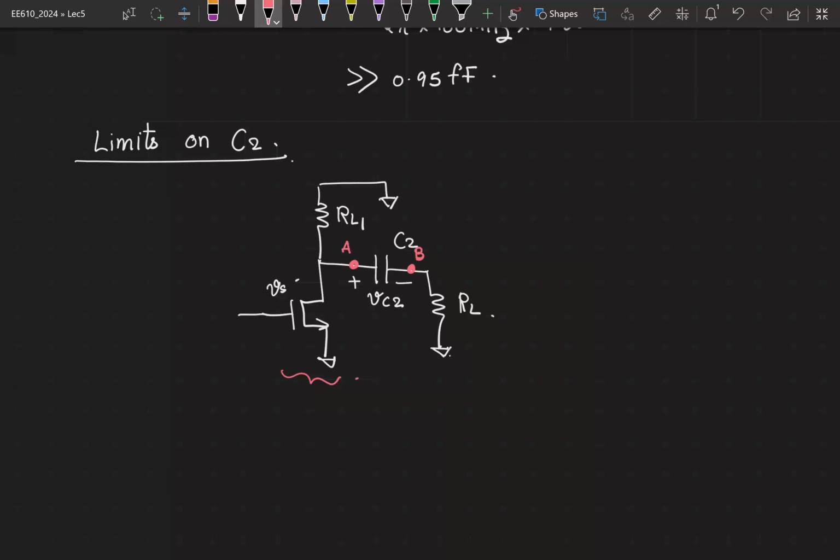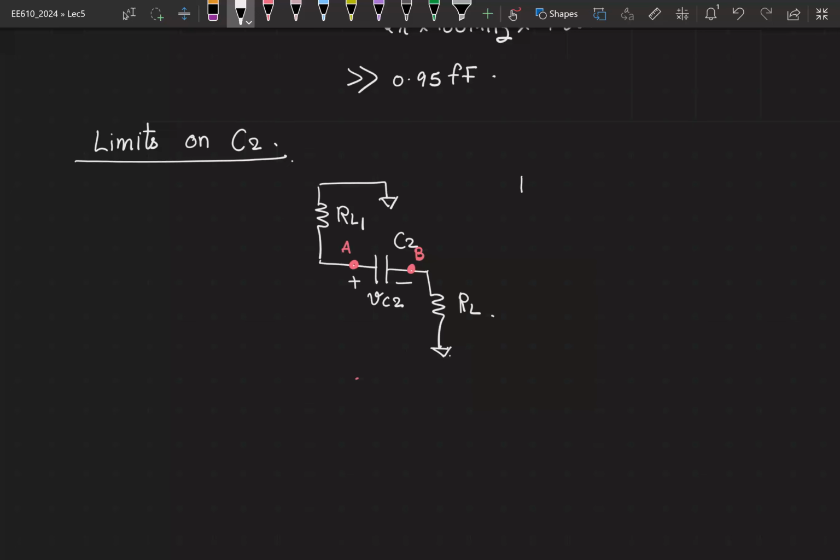You have to de-energize them, right? So if Vs is equal to 0, what is the incremental current flowing through the transistor? 0, right? So basically your transistor is also not there in the picture. So now looking at it, can you tell me what is the equivalent resistance that is appearing across C2?